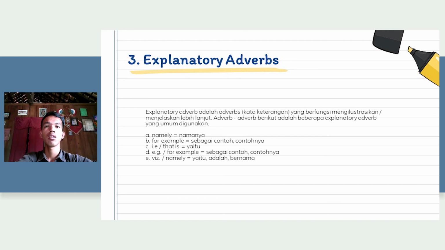The third, explanatory adverbs. Explanatory adverbs are adverbs that serve to illustrate or explain further. The following are some explanatory adverbs that are commonly used, namely, for example, that is, namely.